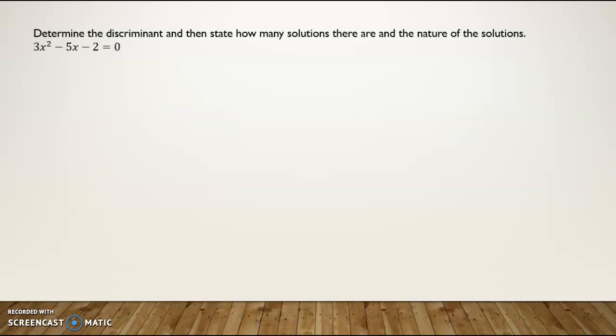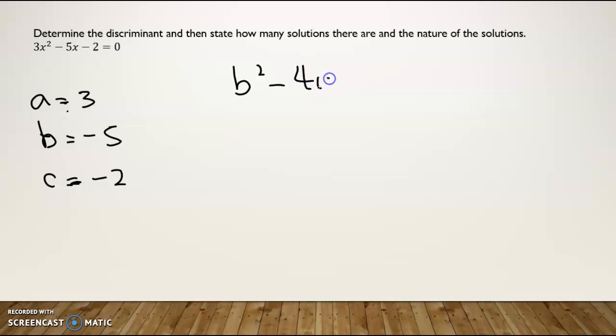So our A is 3, our B is negative 5, and our C is negative 2. Okay, so b squared minus 4ac.